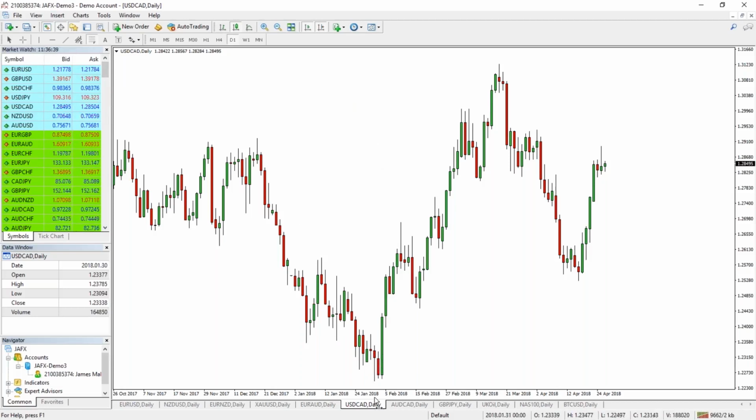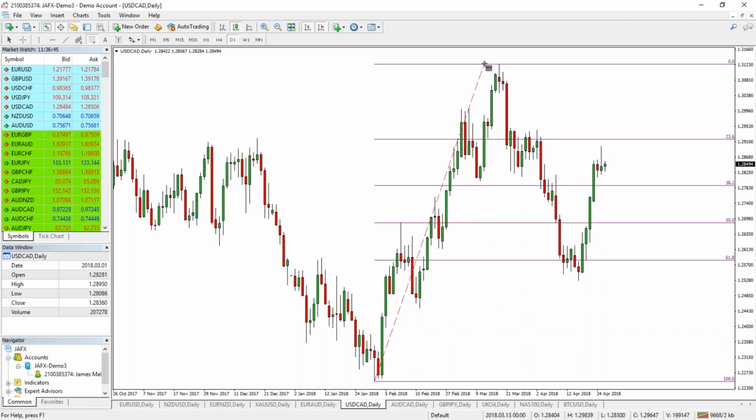Okay, now what does that tell us? What specifically does that tell us? Well, it tells us that we have a trend, and the trend in this example is certainly a bounce in the market. So it was trending to the downside. We have a very strong trend developed over a period of 2 months to the upside.